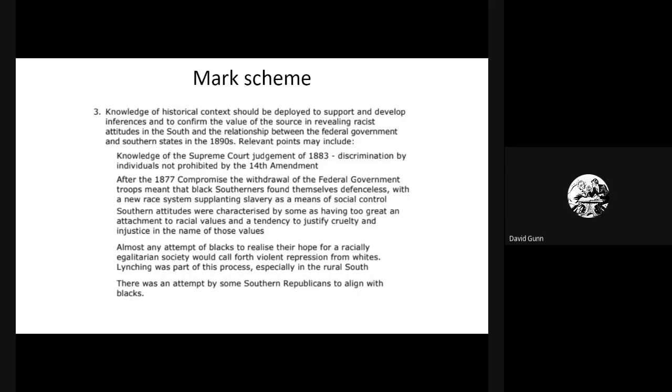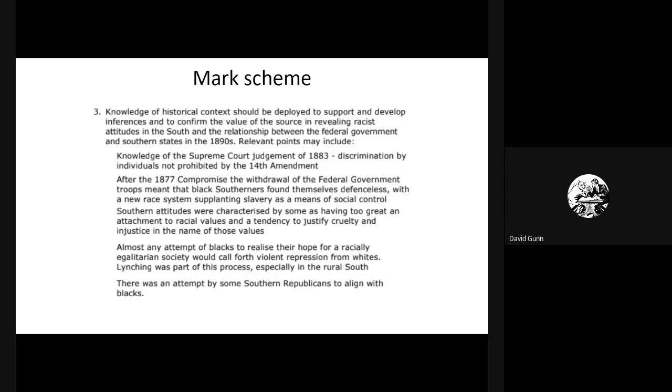So just in summary, with the source question, just to emphasize, you are looking for the value. So you've got two paragraphs, one on each inquiry, using the content to make inferences, and using your own knowledge to back that up or challenge that.